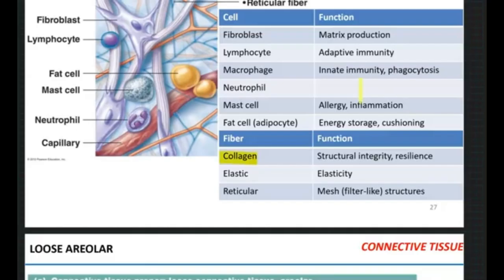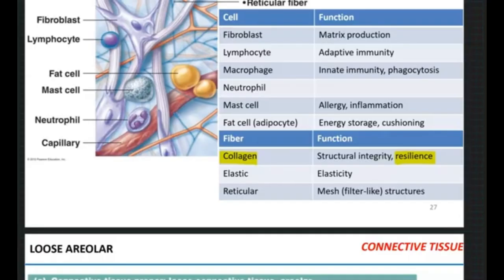Collagen fibers are extremely mechanically resilient. To give an idea, imagine you have a thread, a rope made of steel. If you would make the same rope, same thickness, out of collagen, it would be stronger than steel.